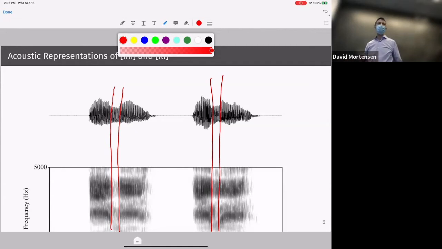Yeah, there's like this sudden change in the formants. In fact, there's something that we call antiformants. So they're like these sudden low energy troughs that show up that sort of wipe out the formants.